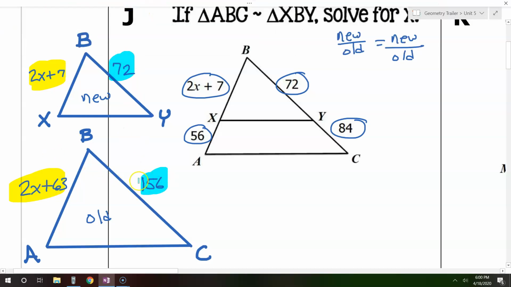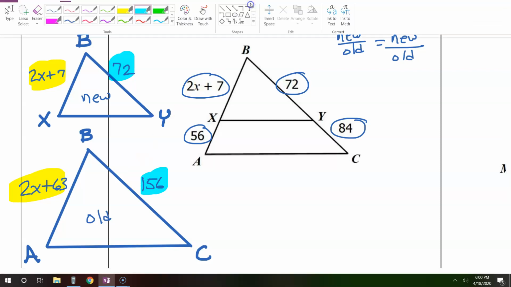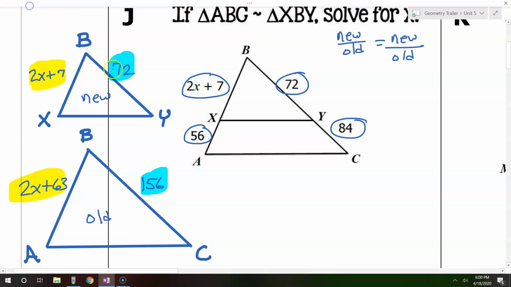All right, those are pretty easy just to glance at and see how they match up. So when we do new over old, first I'm going to do the yellows. So new over old with the yellows would be 2x plus 7 over 2x plus 63. Now, new over old with the blue would be 72 over 156.